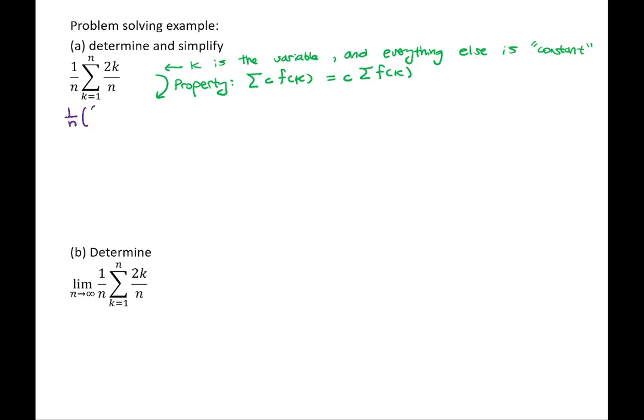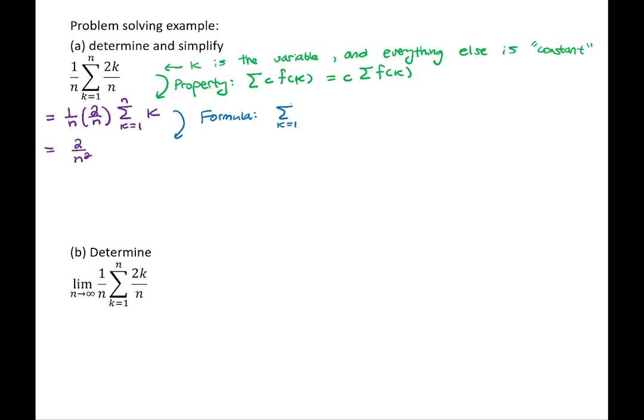So 1 over n times 2 over n times the sum from k equals 1 to n of just k. Okay, next line. I'm going to simplify the front, top times top, bottom times bottom, so 2 over n squared. And then, what's the sum from k equals 1 to n of k? Well, we have a formula for that, from the previous slide as well.